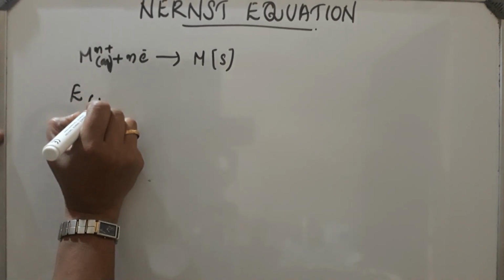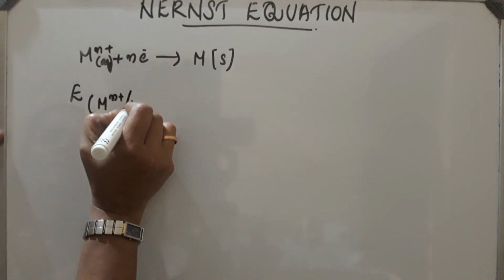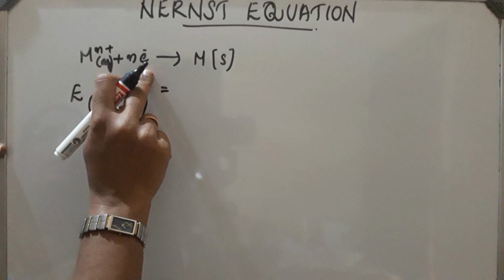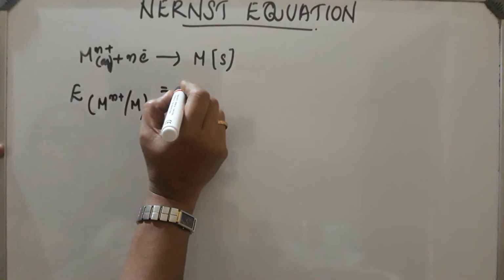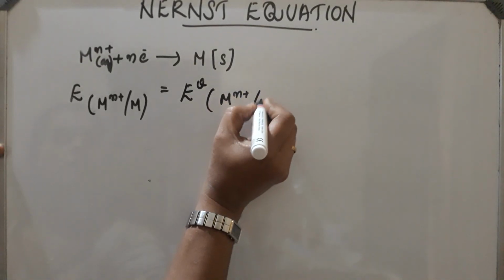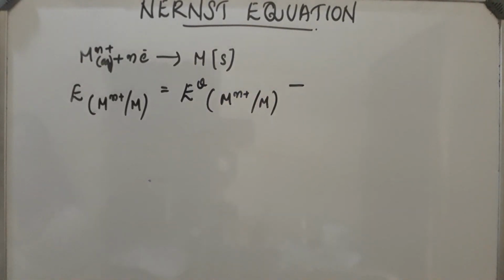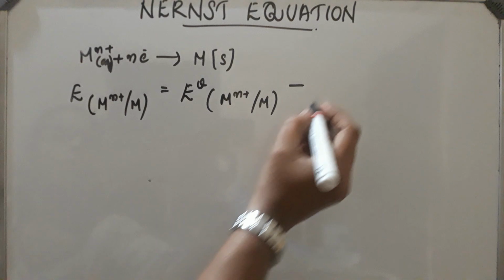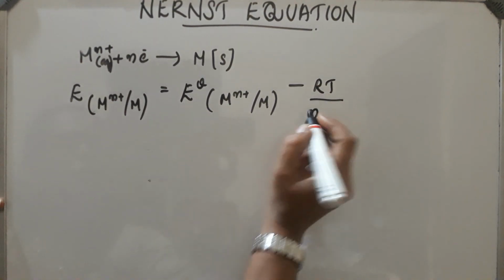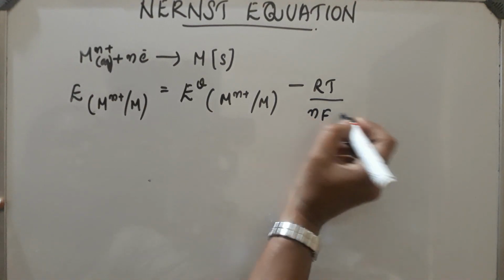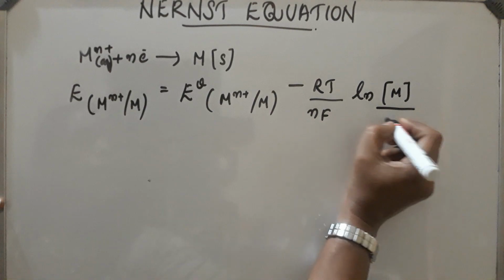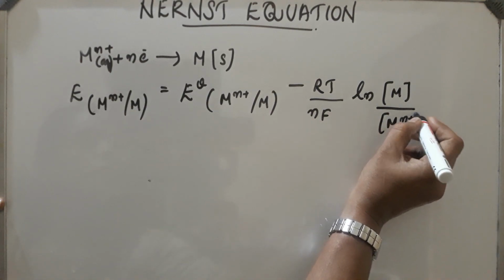According to Nernst, the electrode potential is equal to the standard electrode potential minus RT by nF, where R is the gas constant, T is temperature, n is the number of electrons taking part in the reaction, and F is Faraday's constant, ln of M by M^n+.